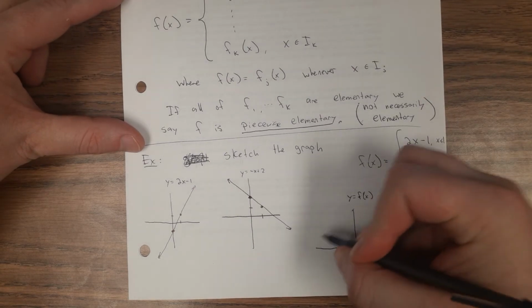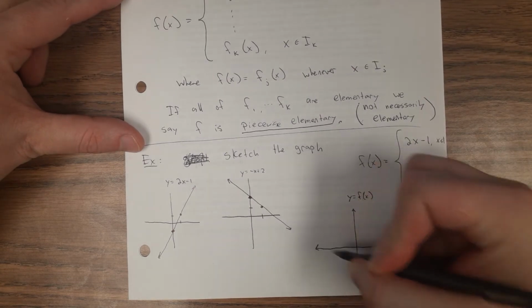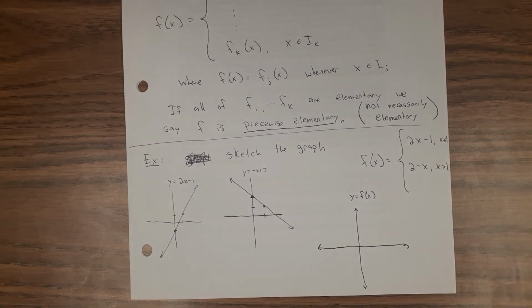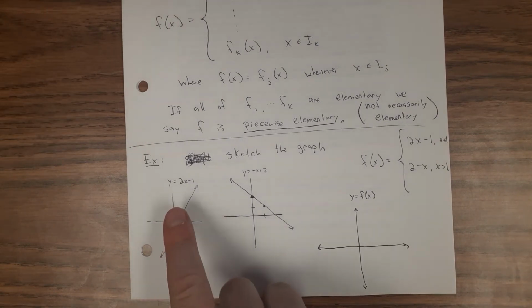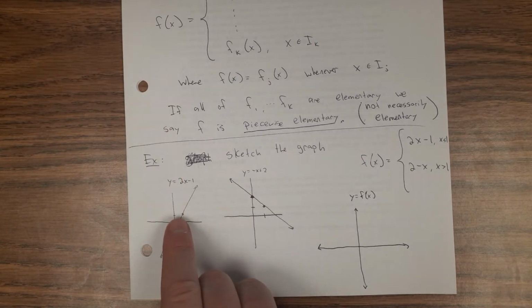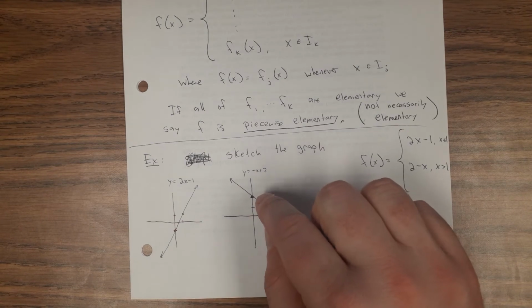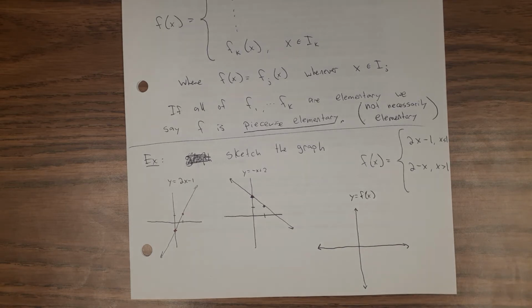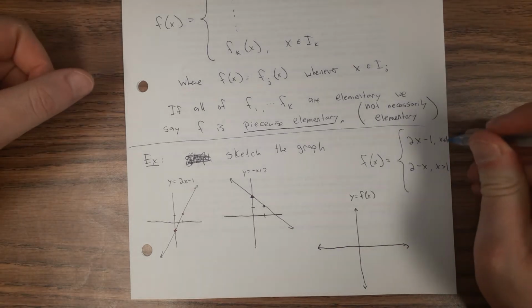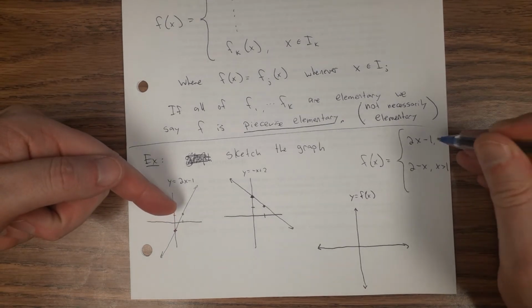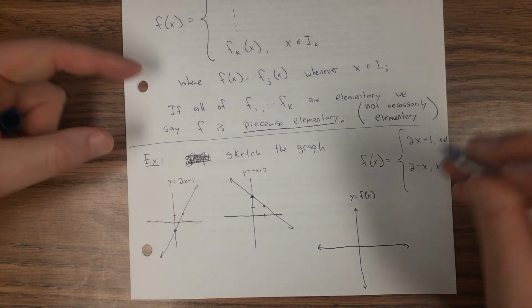And what you do is we're just going to chop off pieces of that. Like I'll chop off a piece of this graph and chop off a piece of that graph, and I'll put the two pieces together. So how does this work? I'm going to take the piece of the first graph where x is less than or equal to 1.